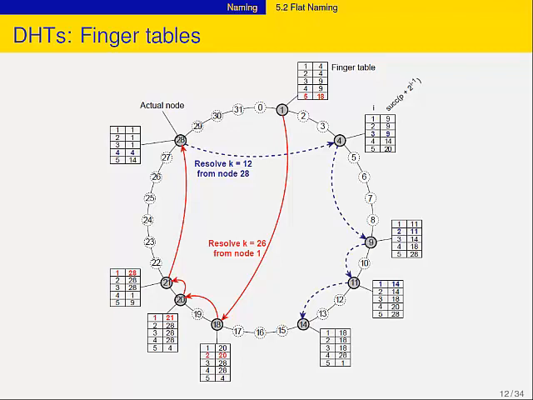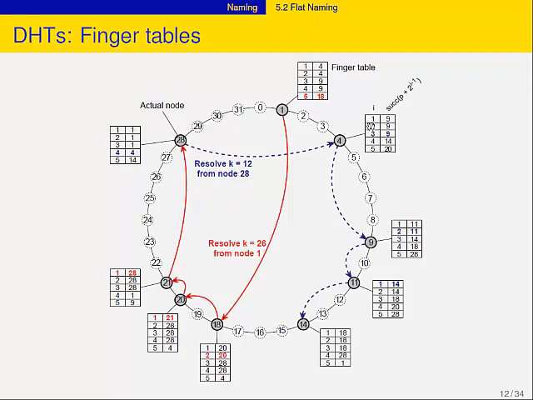So I take this number 5 and ask, who's responsible for 5? That's 9, because 9 is the real node over there. Got it? Next one, same thing.